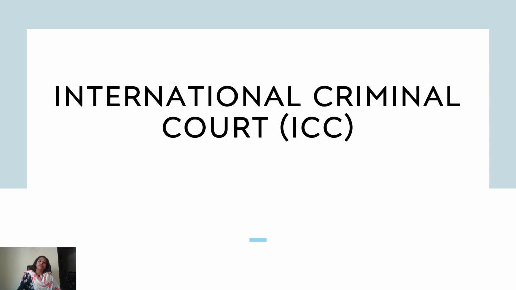Now, having discussed the members, the jurisdiction, and a few significant advisory opinions of the court, let us start our discussion on the International Criminal Court, or ICC in abbreviation.